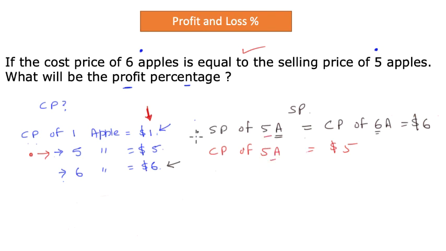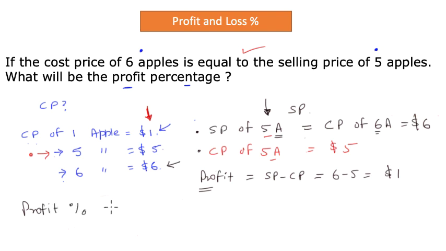Given these two pieces of information, we can calculate our profit very easily, right? The profit is equal to the selling price minus the cost price, because now we have both for this transaction of selling 5 apples. That becomes 6 minus 5, which is equal to $1. Once you know the profit, it is not hard to calculate the profit as a percentage.